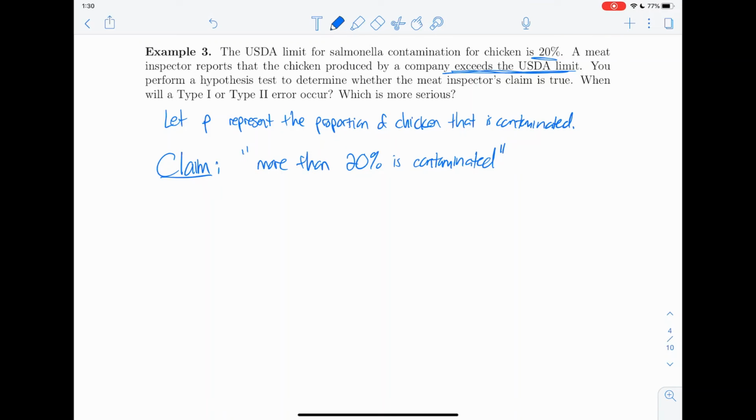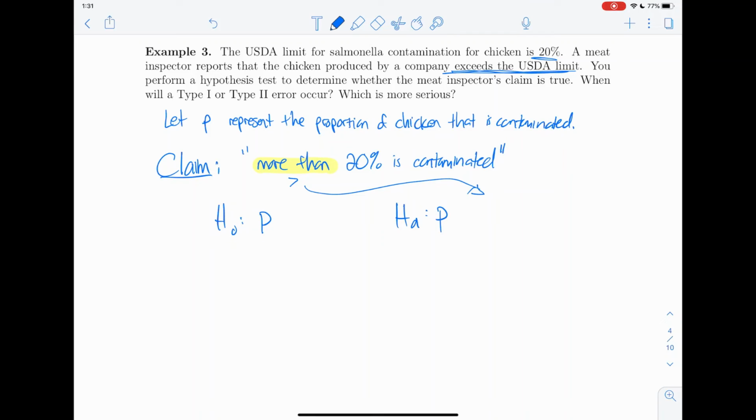So if I want to develop a null hypothesis and an alternate hypothesis, I have two things I need to build. H0, which is saying something about P, and HA, which is saying something about P. As soon as I read, however, more than 20%, that means this is a greater than inequality. So that'll have to become the alternate hypothesis.